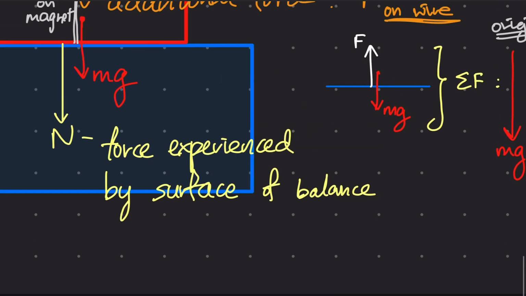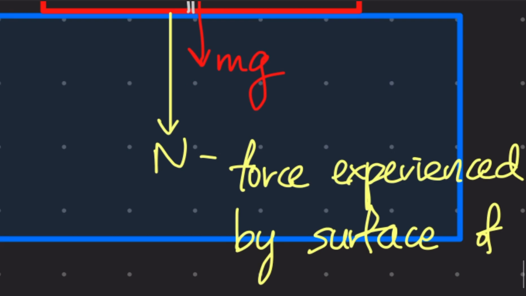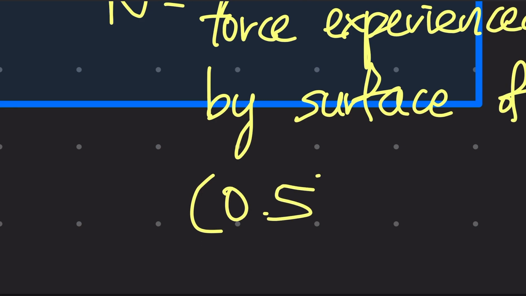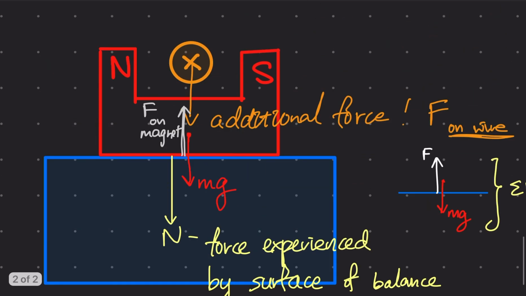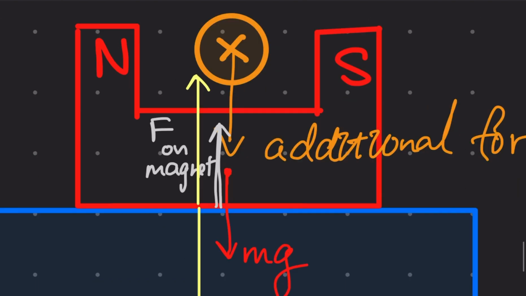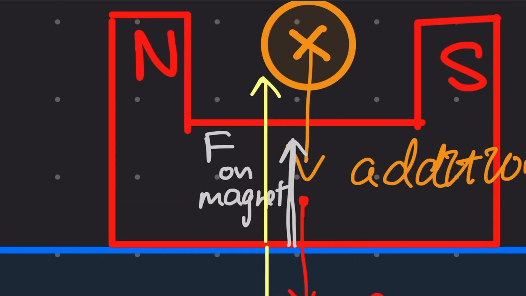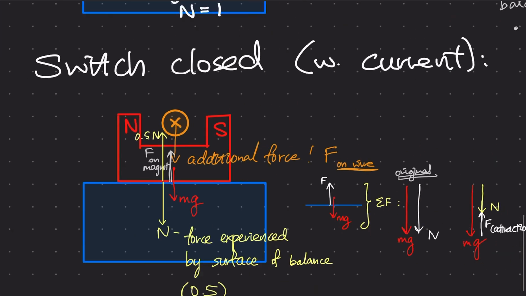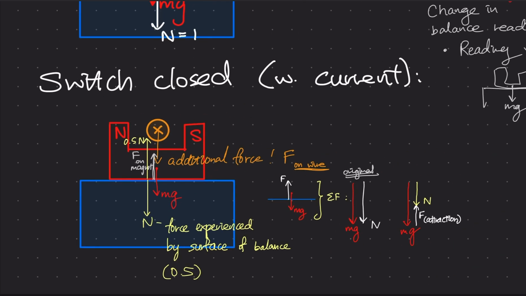The N experienced by the surface of the balance is now much smaller. I'll just say it's 0.5 right now. This results in the N upwards also being smaller. Let's say 0.5. So you see the difference?